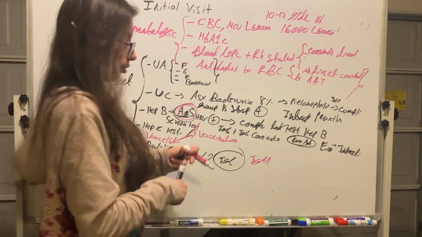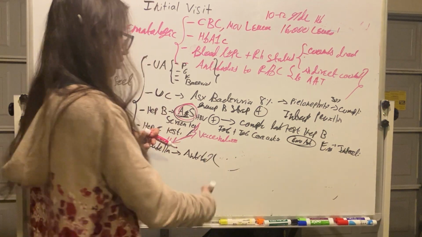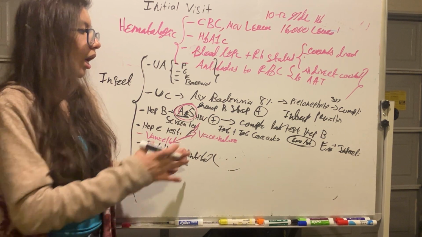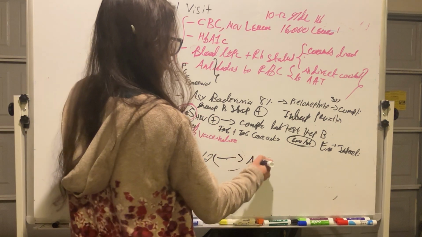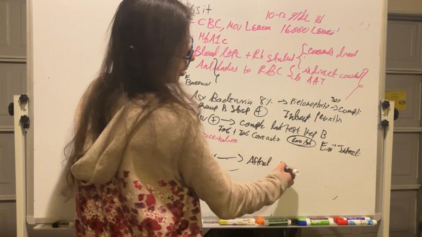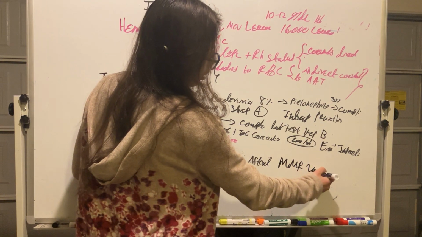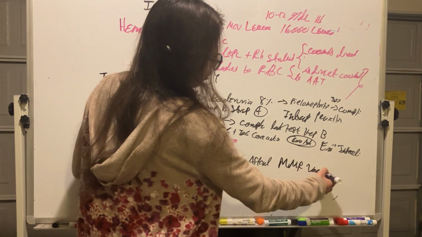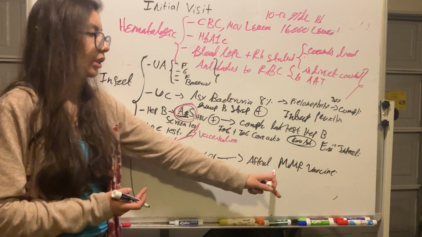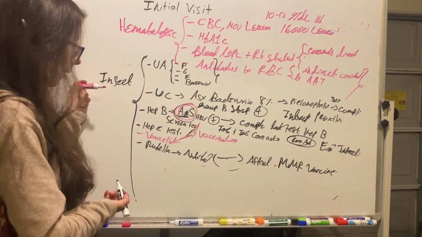Or if we do not detect any antibody, the patient is at risk of having a rubella infection, and so after delivery we should encourage the patient to get the MMR vaccine, the mumps, measles, rubella vaccine. But the vaccine is contraindicated during pregnancy because it's live attenuated.